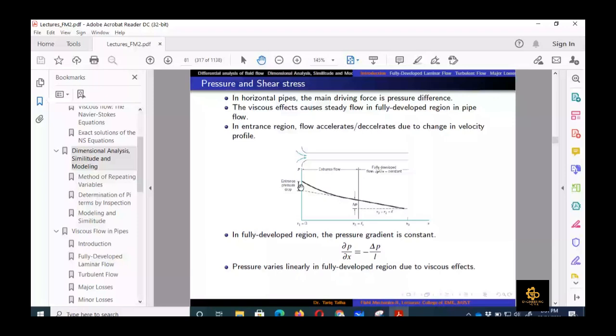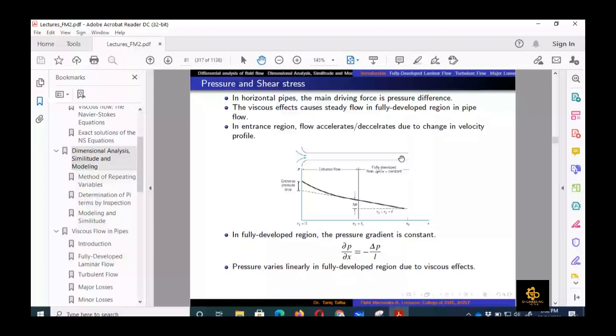If you remember in chapter number 6, when we were deriving the relation for Couette flow and Poiseuille flow, we wrote delta P by delta X is equal to minus delta P by L, where L is the length of the pipe and delta P is the pressure drop in this pipe. So pressure varies linearly in the fully developed region due to viscous effects.